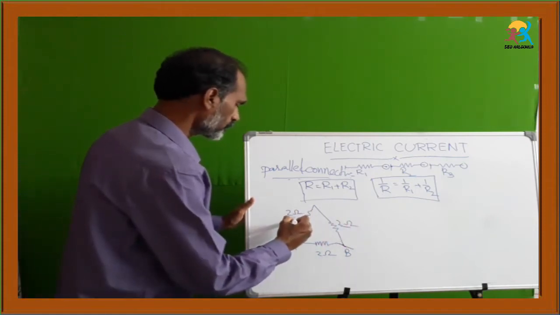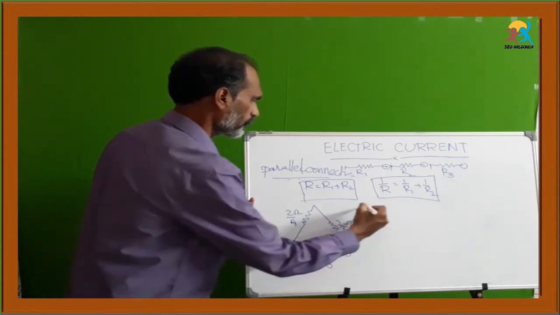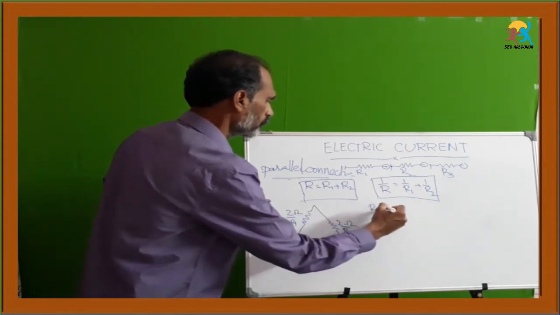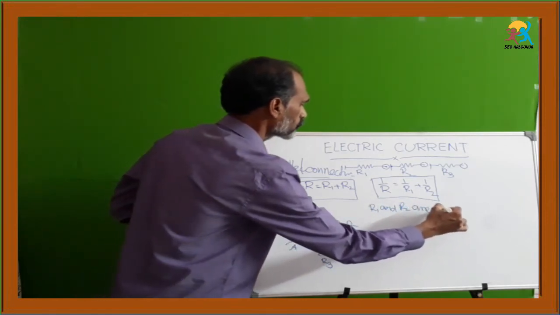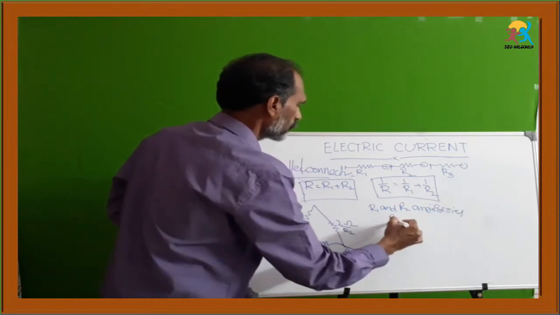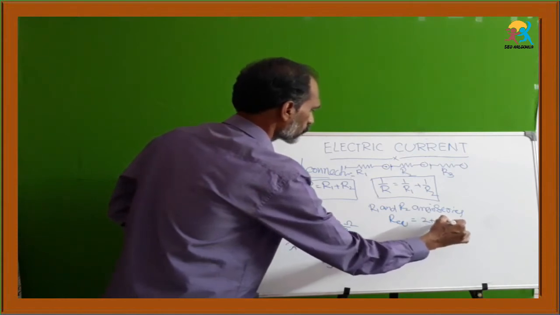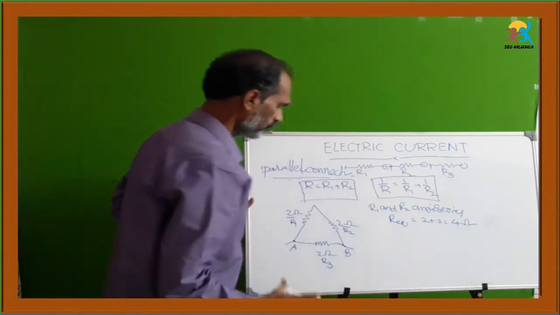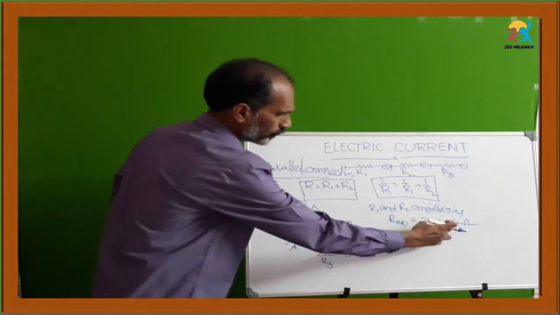Let us consider this is R1, this is R2 and this is R3. Here R1 and R2 are in series. The equivalent resistance will be 2 plus 2, 4 ohms. The combined of these two resistors will be 4 ohms.